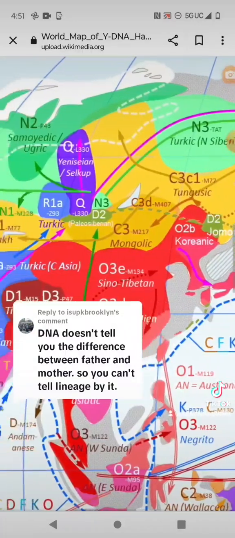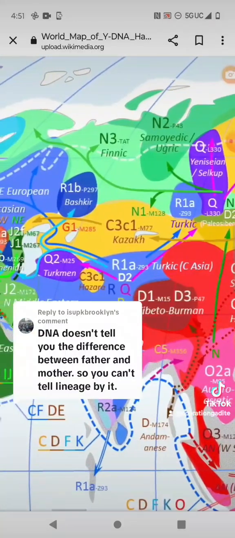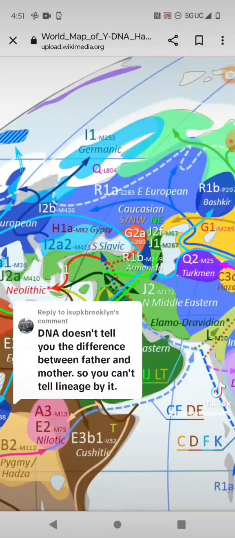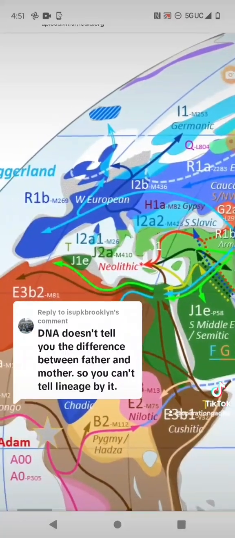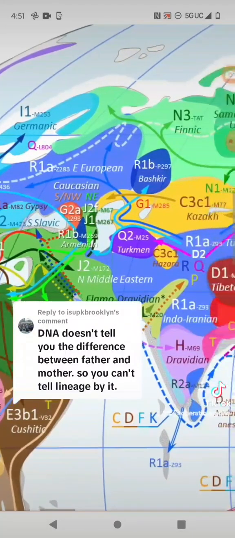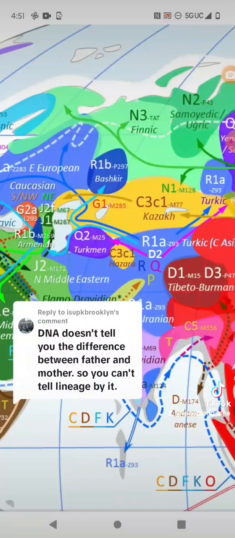So what else I could talk about? The R1, man, this R1. So R1A, R1B, R2. Where's R2? Giant groups of Caucasian people that are split in between various groups, either a pale complexion or a dark complexion.